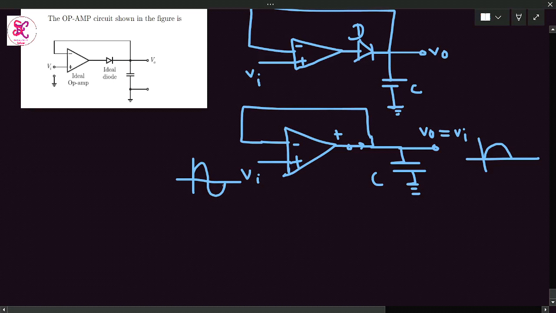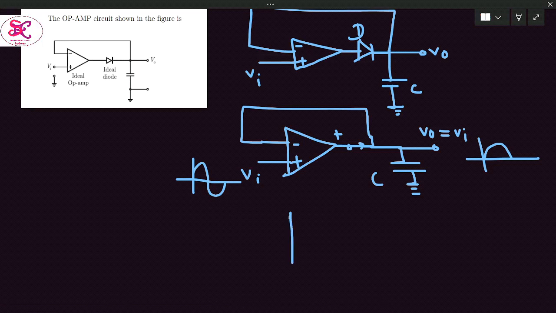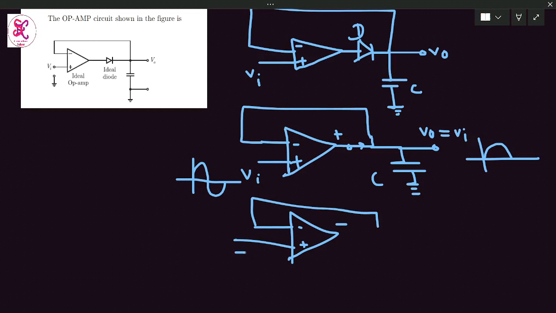If the input is negative at the terminal, the output of the op-amp will be negative, and the negative voltage is at the anode of the diode, reverse polarity. So the diode will be in the off state, and there is no current conduction through it.